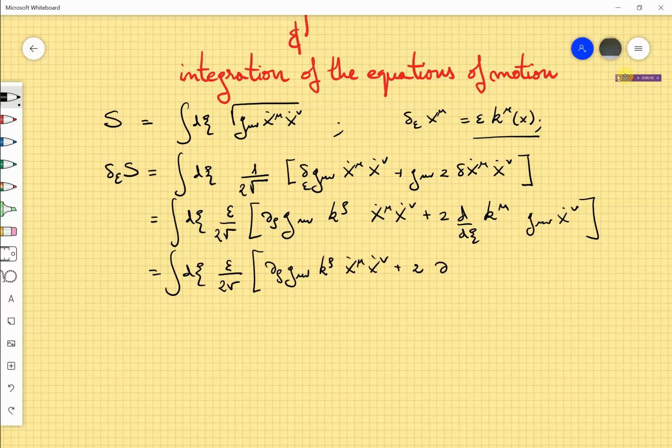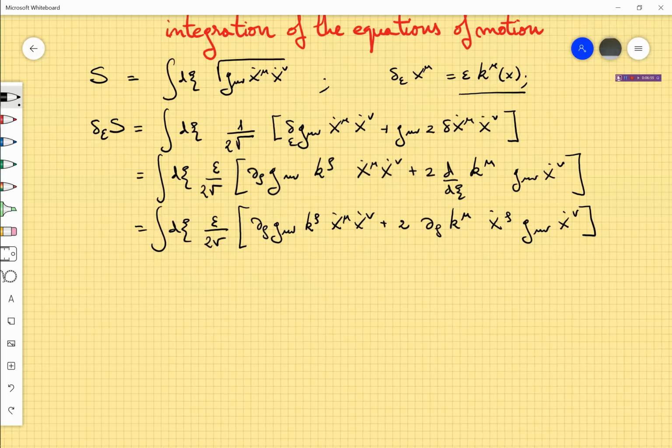And this will be partial rho k mu, and then x dot rho g mu nu x dot nu. Let me choose indices so that I can take a common factor x dot mu x dot nu. So I will call this rho and this mu, which means that this is mu, and here I have rho and nu.